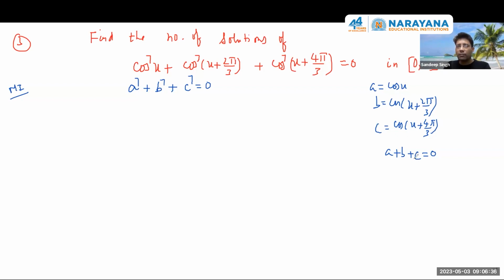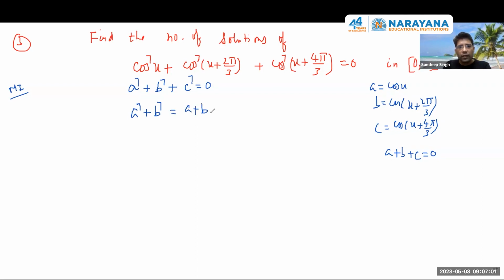So I shall replace c by minus a minus b over here. Nikhil, you are doing the same way? You did the same way or something different? I replaced c equals minus a minus b. Okay, same thing, no? In place of c, you write minus a minus b. Same thing which I am doing, correct?